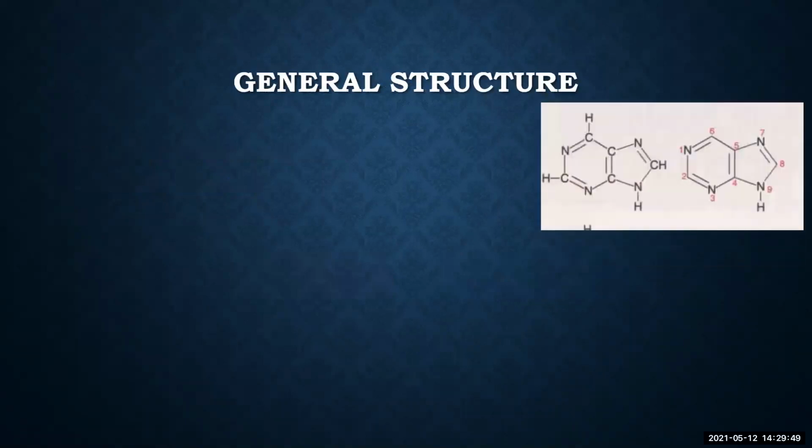If you can see, there are two figures on your screen. Number one is the actual figure, and the second one is used to show how to number the atoms. Okay, numbering the atoms is very important. It gives us the structural explanation of the functional groups present on the molecule. As you can see, the general structure of purine is a two-ring structure. There are two rings, number one here and second one here.